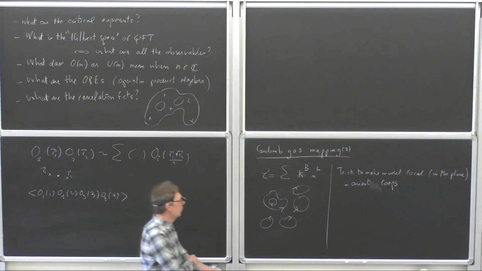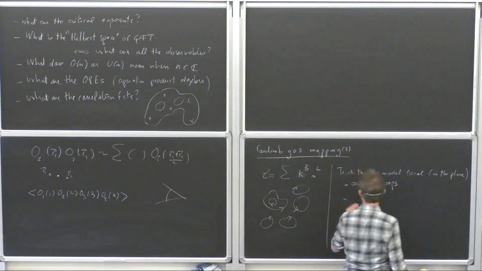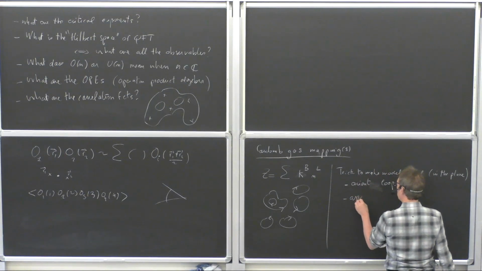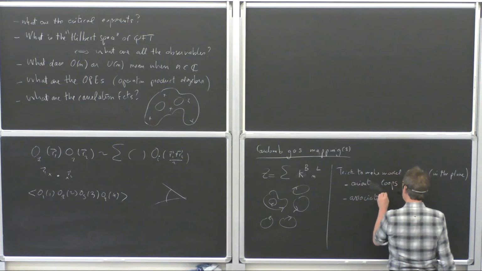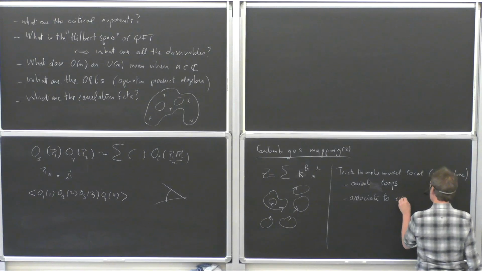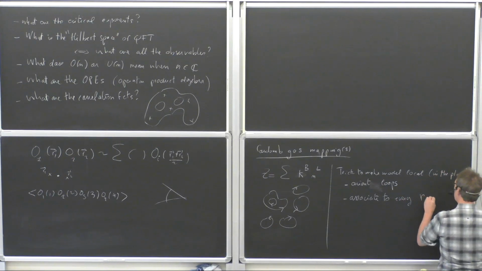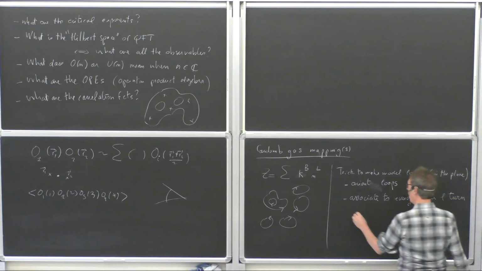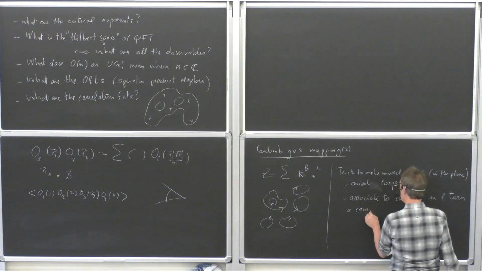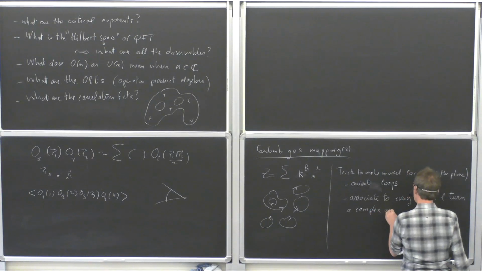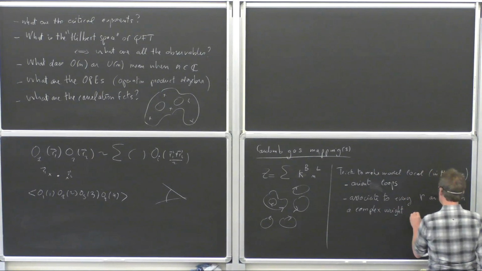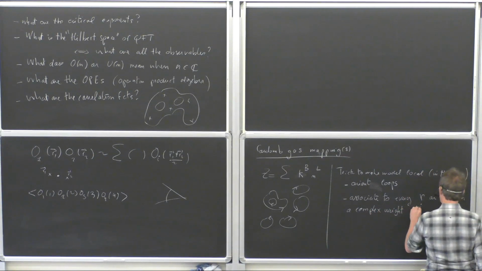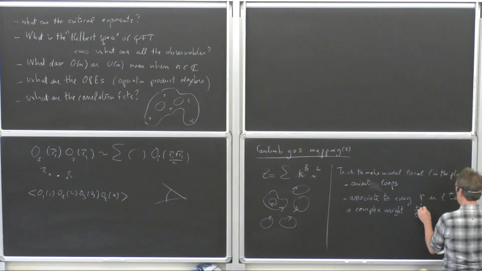Well, there's another trick, which consists in associating to every right or left turn, a concept that's fully well defined on the plane, a complex weight e to the plus or minus i something.